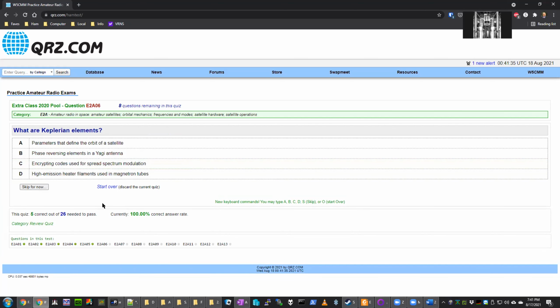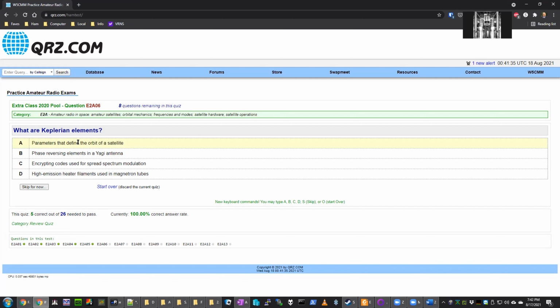So what are the Keplerian elements? A, alpha. Yeah, that's going to be alpha. These are the numbers that you can go onto AMSAT's website and download a copy of. These change over time, so if you use some of the satellite predicting software, you need to refresh the Keplerian elements periodically.